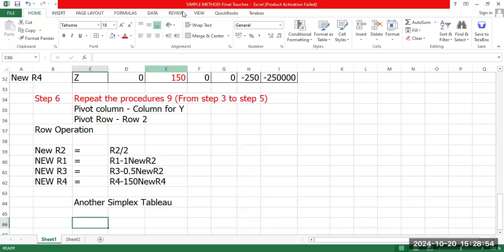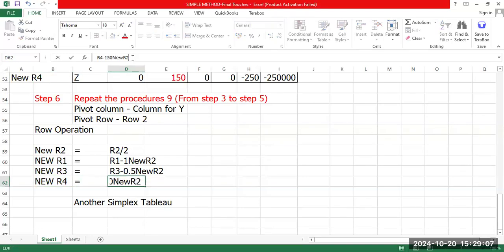Yes? Check the new row. It's row 4 minus 150 new row 2, not row 4. Yes. This is new row. Yes, thank you.